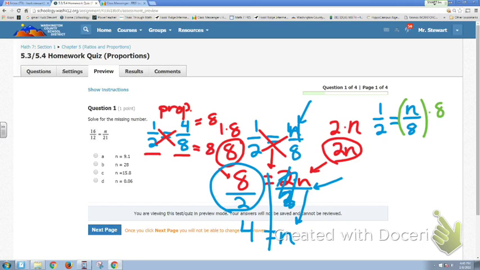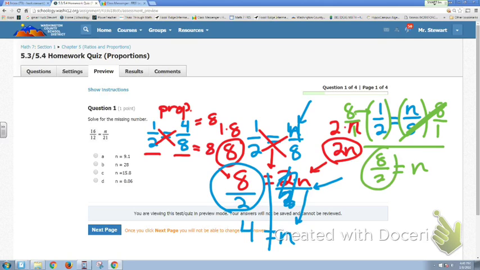Because everything you do for the rest of the year is going to require you to have a basic knowledge of equations. If I multiply both sides by 8, that's going to cancel this out because 8 times n over 8 is just going to be 8n over 8, and the two 8's will cancel out. Then I do the multiplication over here, and this is going to become 8 times 1 over 2, because that's just 8 over 1, and that's going to be equal to n.